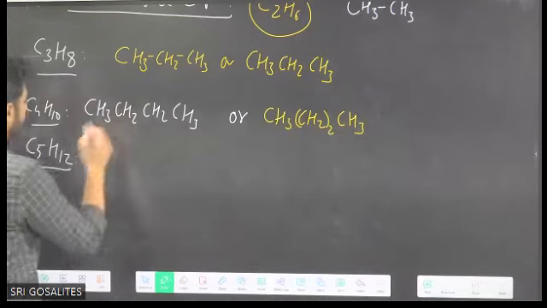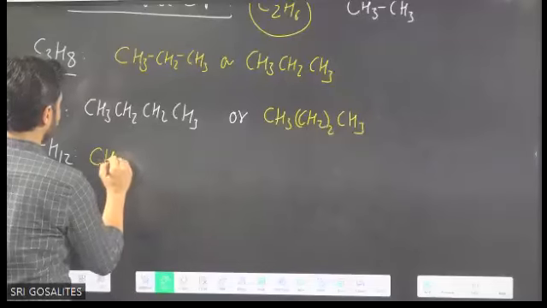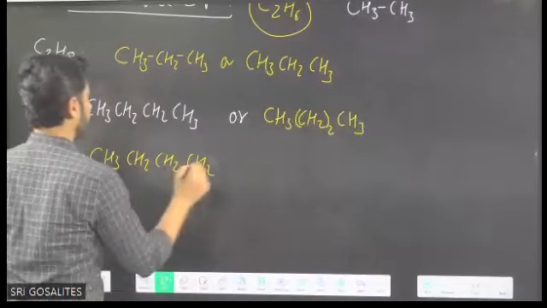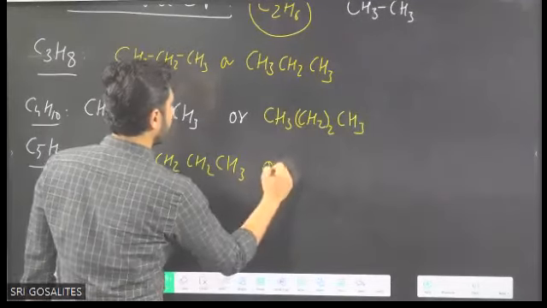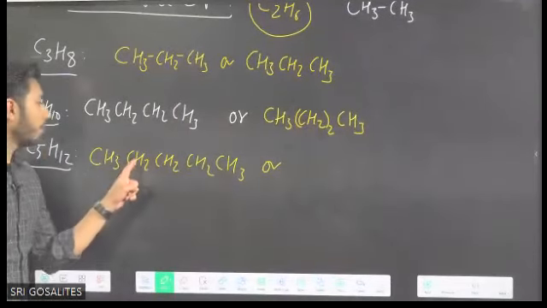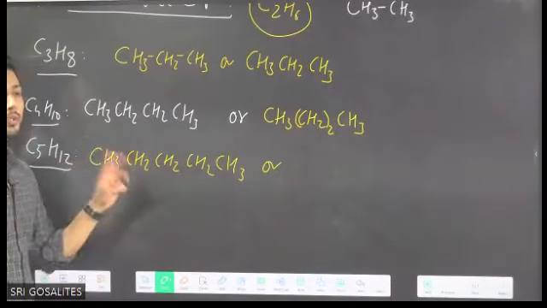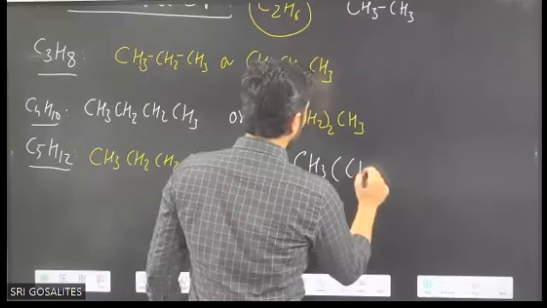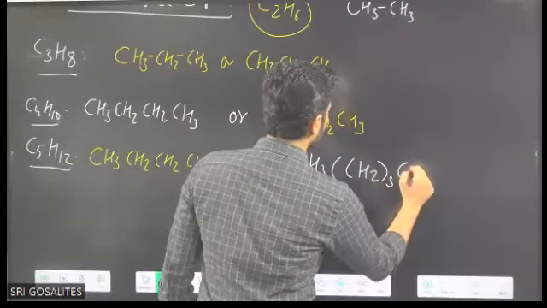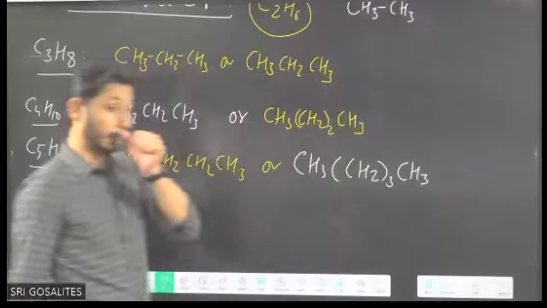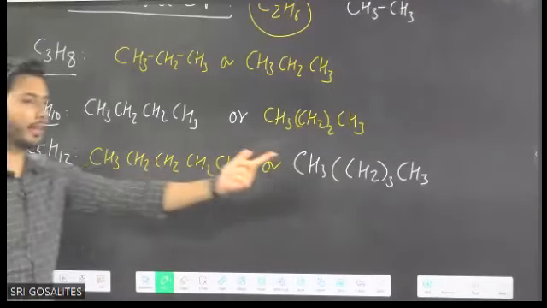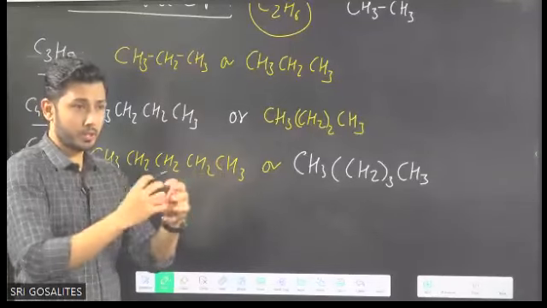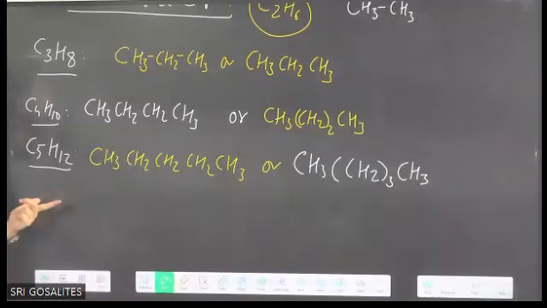Okay, check the answer. One such way, is it correct? Yes. Otherwise, you can write them combined, CH2 thrice. So this can be CH3, CH2 thrice, and CH3. That is also the condensed form where we are not showing each bond separately. It is a condensed form structure of C5H12.